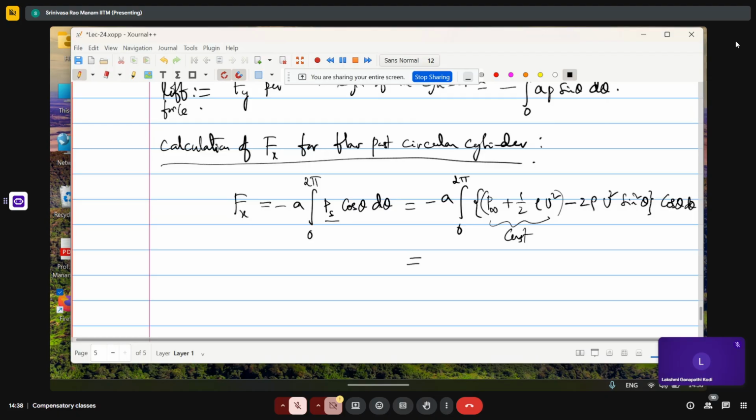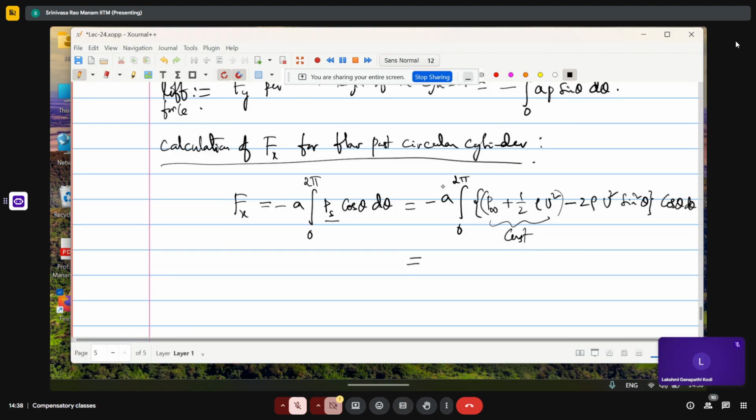What is its value? We can use the change of variable method, sin theta equal to t.